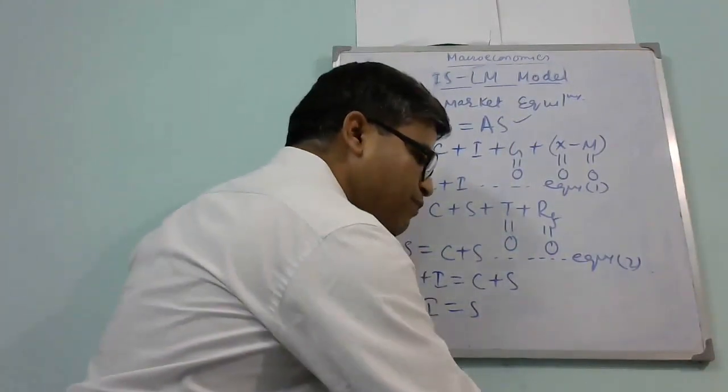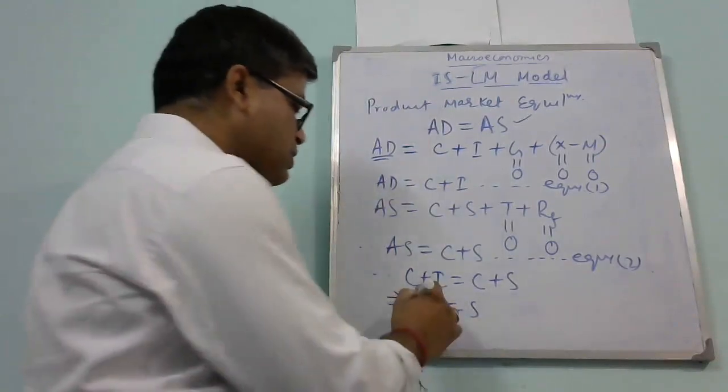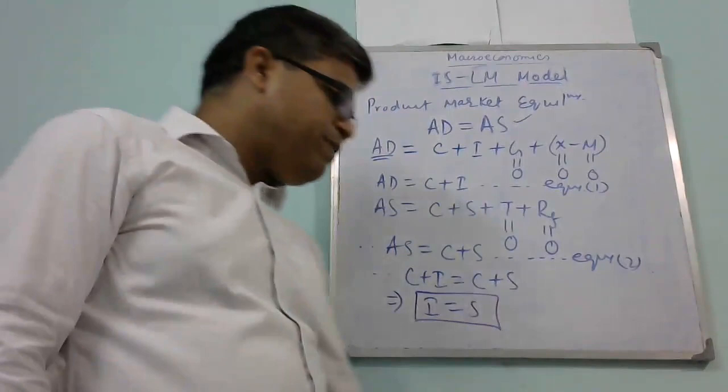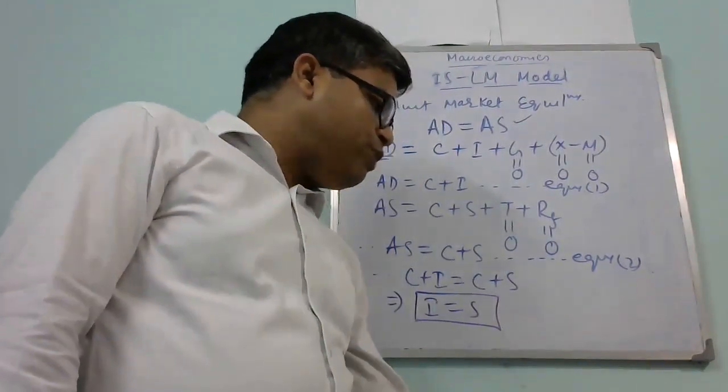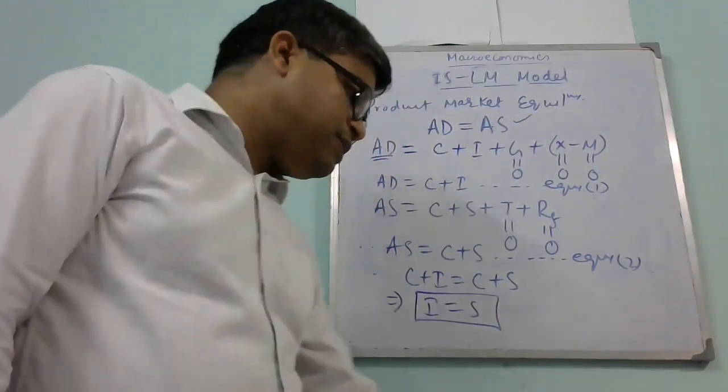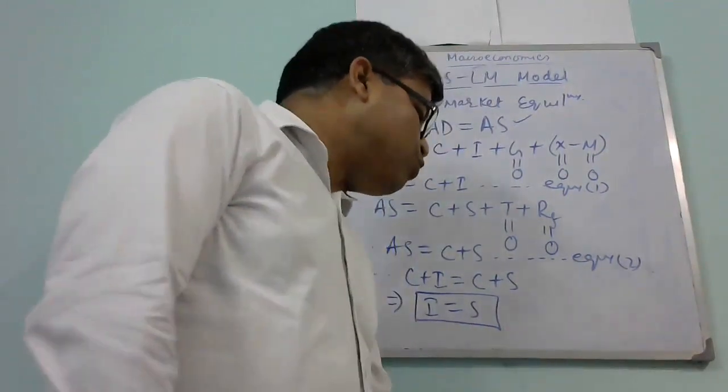So if investment equals savings, this is another way we can see the product market equilibrium. Either we can see it from AD equal to AS, or we can see the product market equilibrium as I equal to S. Now what do we know?